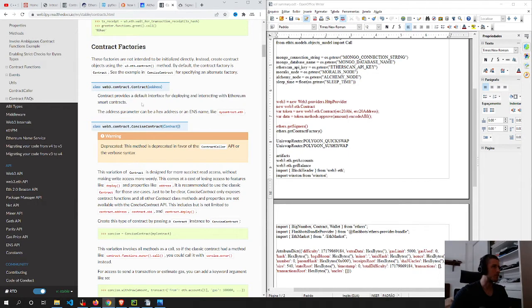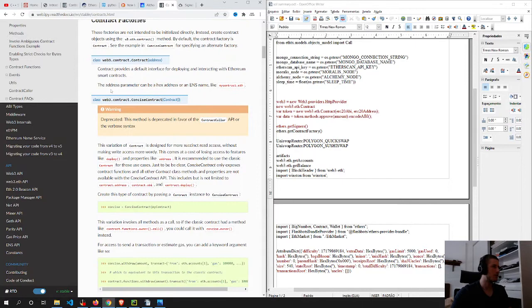Contract provides a default interface for deploying and interacting with Ethereum smart contracts. The address parameter can be a hex or ENS name.